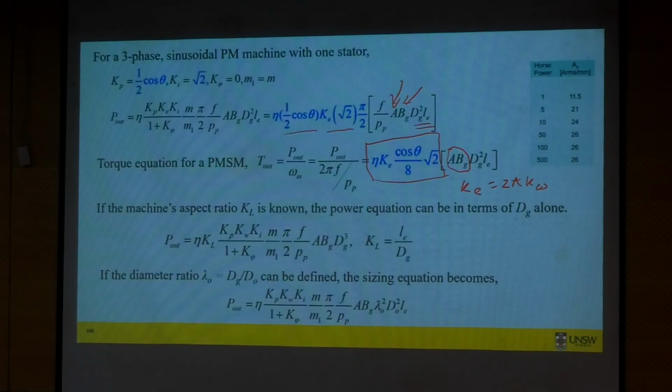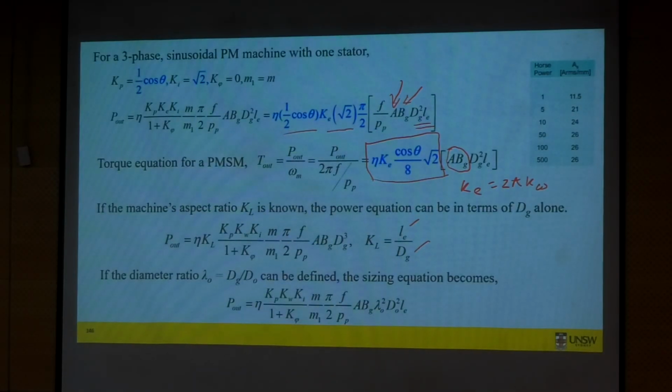One thing we could do is decide what is the aspect ratio of our machine. Aspect ratio is the ratio between the axial length and the diameter. Okay, so there are again typical aspect ratios for PMSM machines. So we may assume such a typical value.